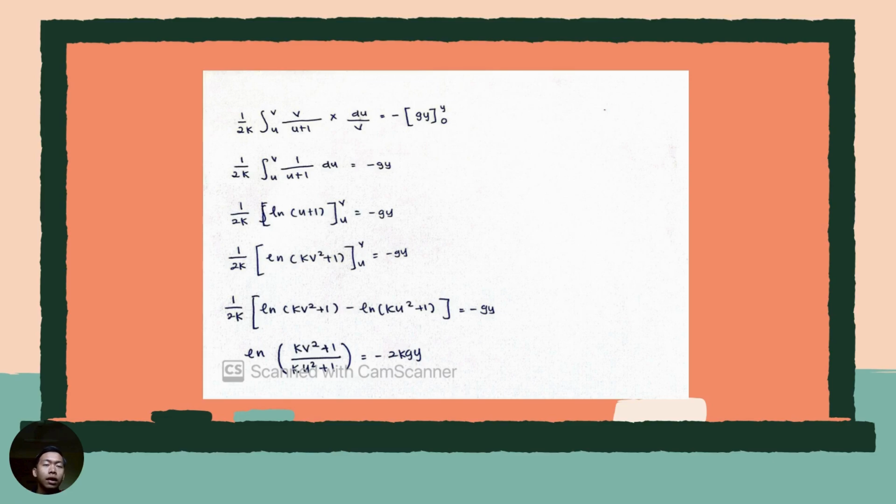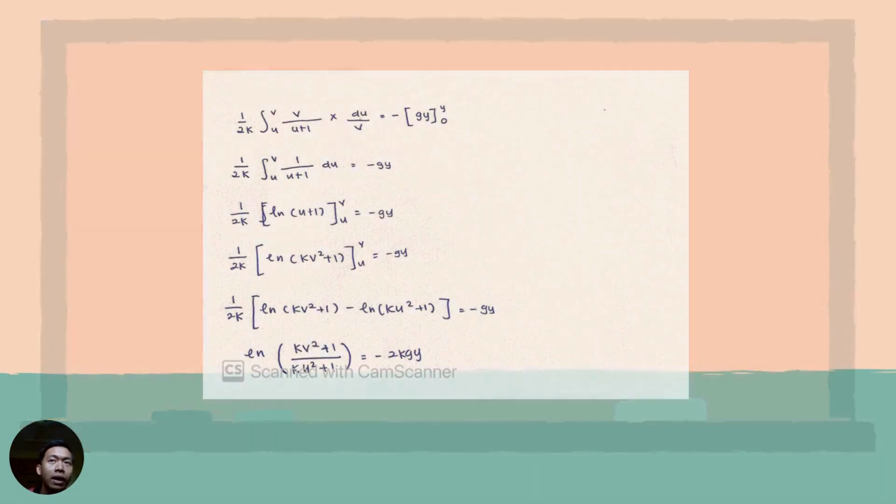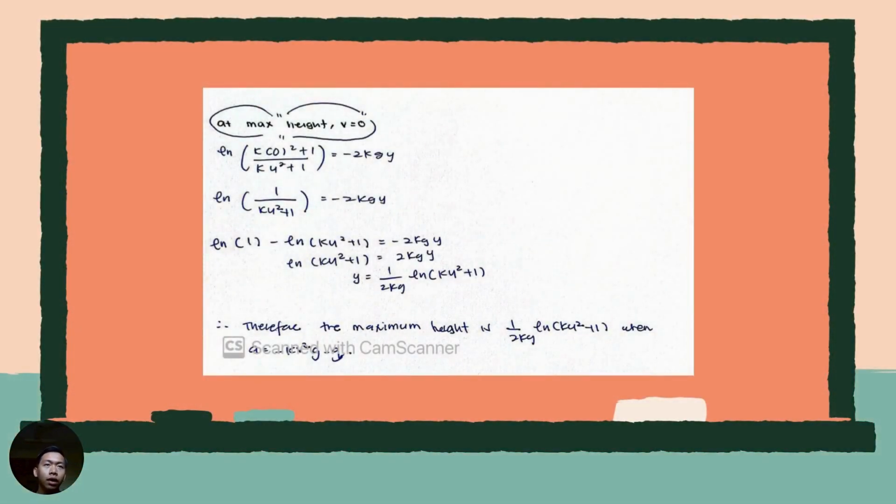So we get ln of kv squared plus 1. We factorize ln. Okay, we factorize ln. So we have ln of kv squared plus 1 over ku squared plus 1 is equal to negative 2kgy. Next, at the max height, v is equal to 0.